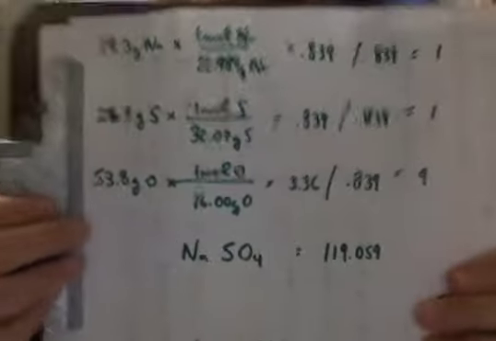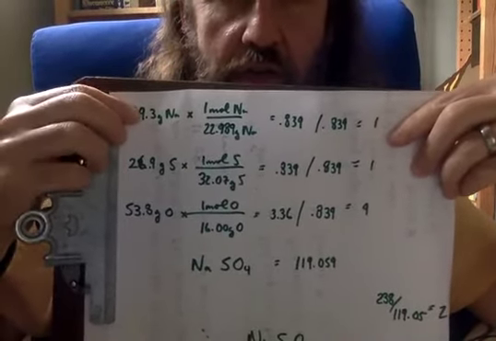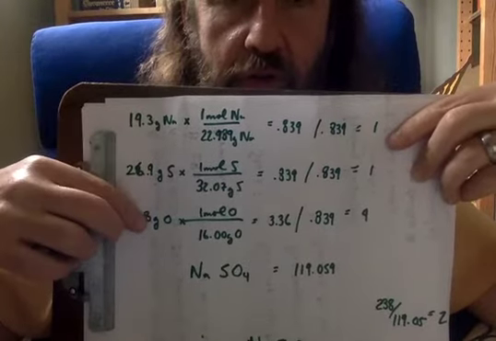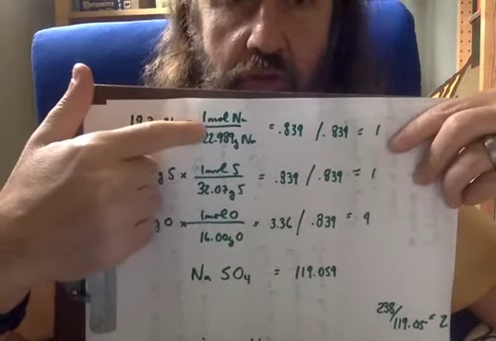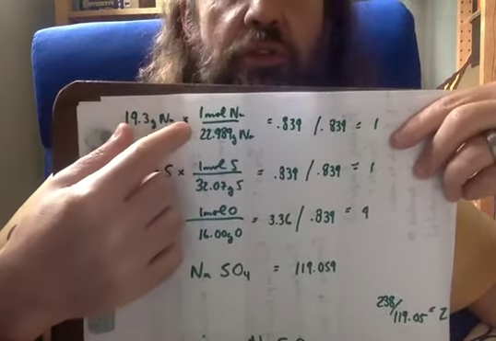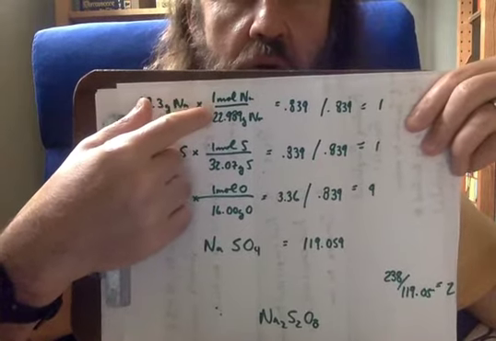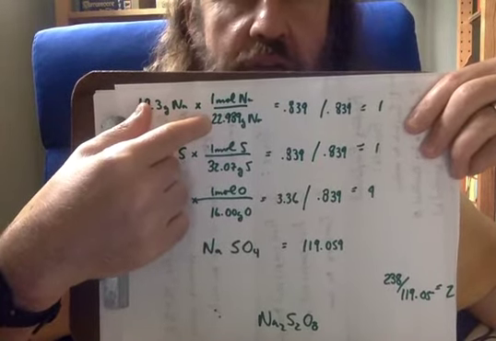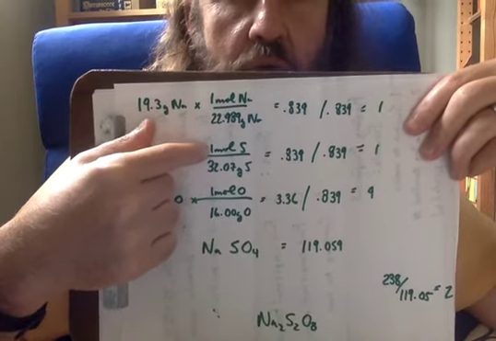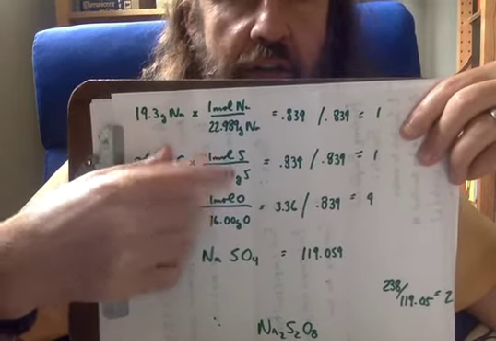I'm going to put this up again on my clipboard so it's easier to see. Okay, so what you see me doing here is there's your sodium, there's your sulfur, there's your oxygen, and me switching it to moles, switching it to moles, switching it to moles. And look, switching to moles is easy, people. What you've got here is 1 mole over the mass from the periodic table, for each element.